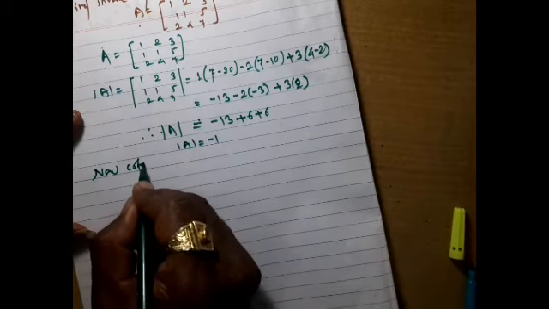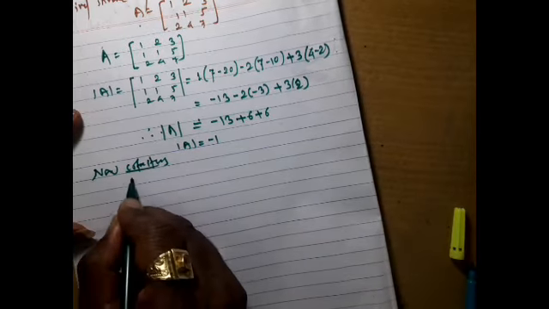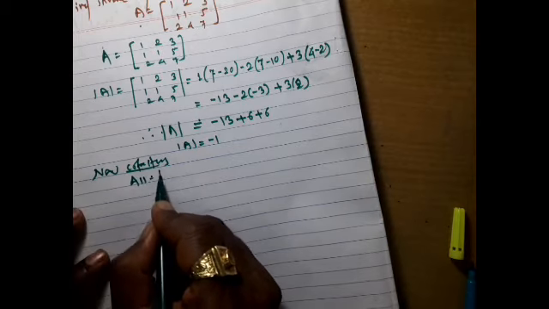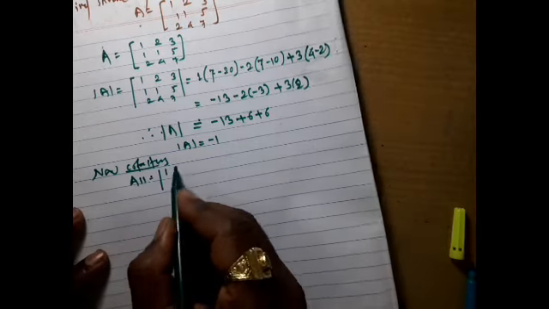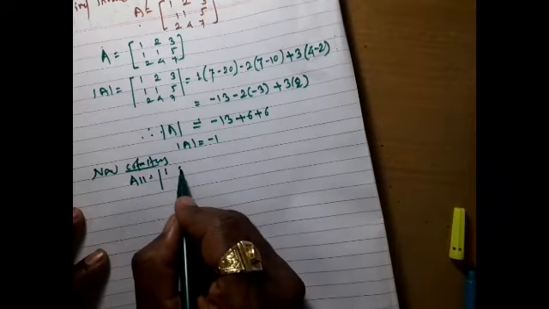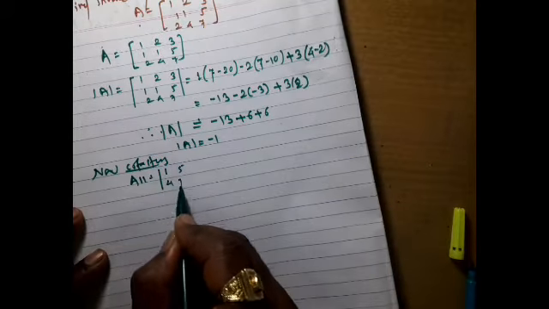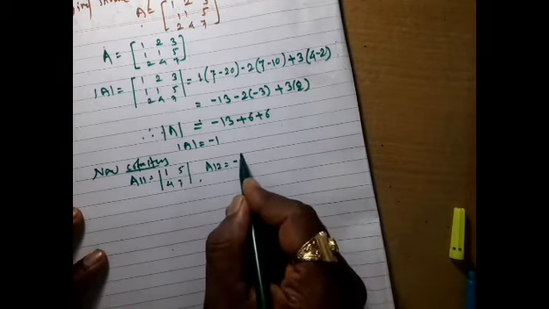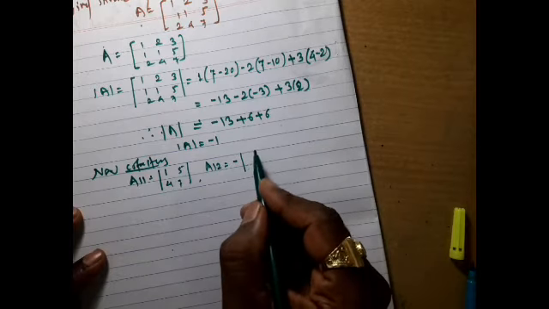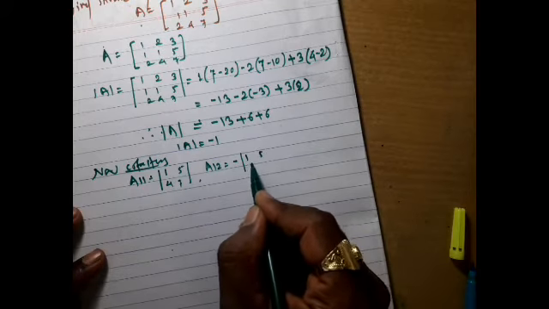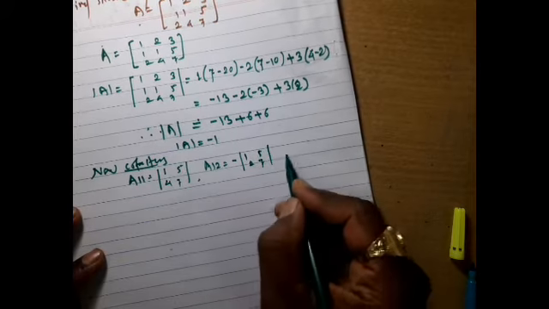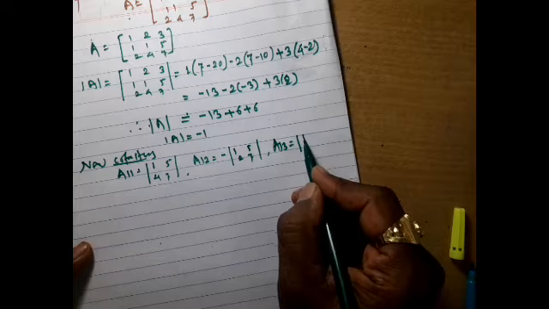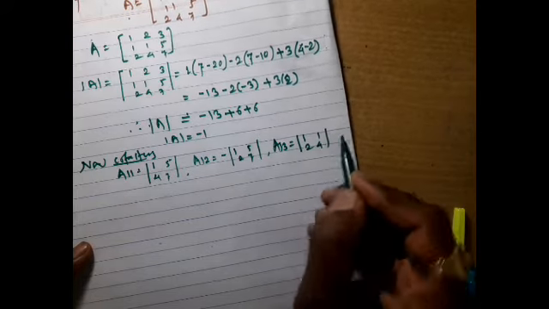Now cofactors. A11 is equal to the determinant obtained by deleting first row and first column, 1, 5, 4, 7. A12 is minus, obtained by deleting row and column, 1, 5, 2, 7, and A13 is 1, 1, 2, 4.